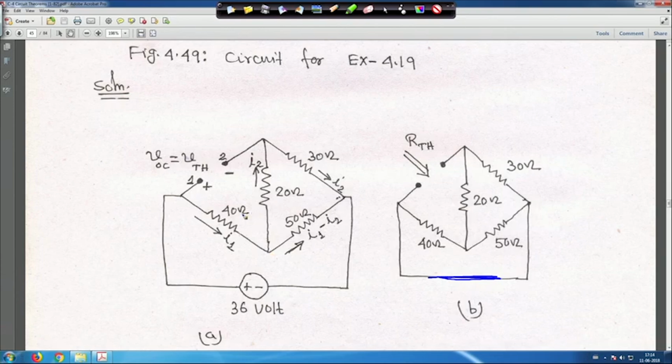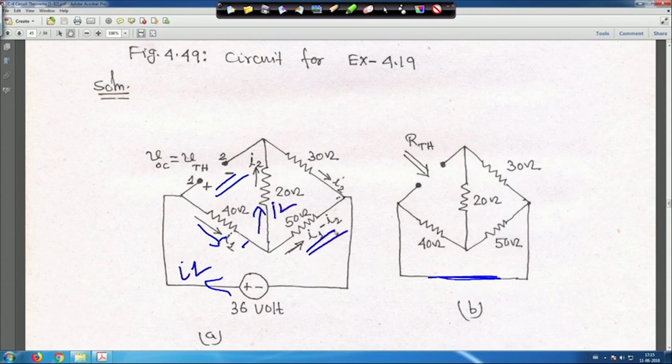Now, before moving further, if you look into this current, this side is open. So, basically from this source the current I1 is flowing, nothing is going here. So, this I1 is coming here. Now, part of the current I1, I2 is flowing like this.